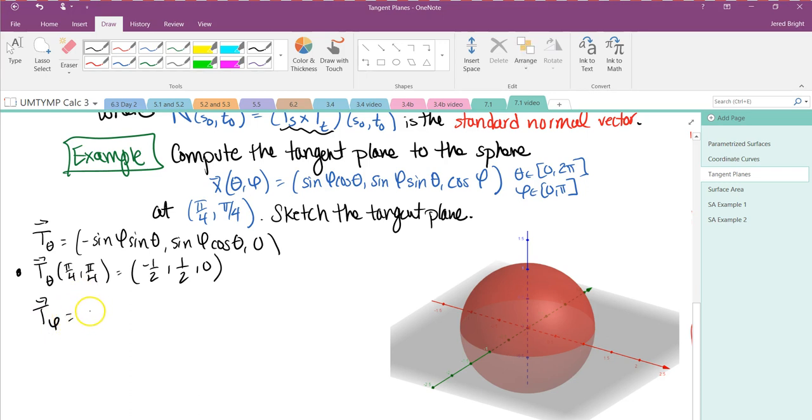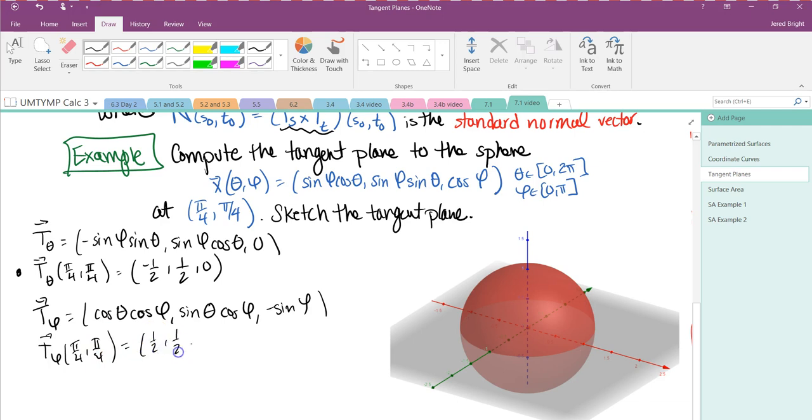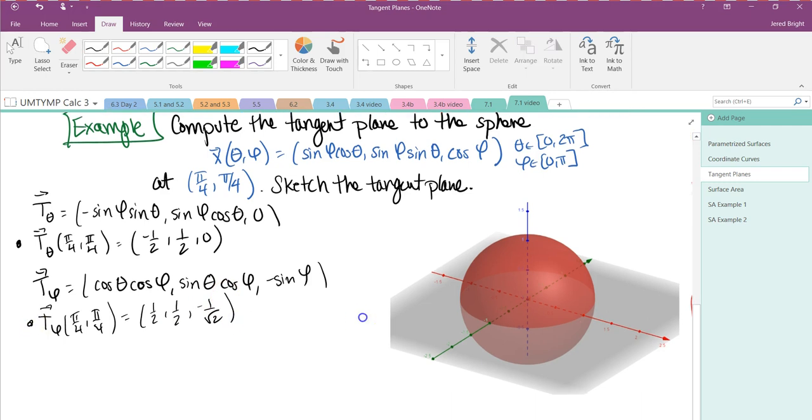When I do this, I get cosine theta cosine phi, sine theta cosine phi, and then minus sine phi. At our point of interest, pi over 4, pi over 4, I get one half, one half, and then minus 1 over root 2. That'll be my second vector.